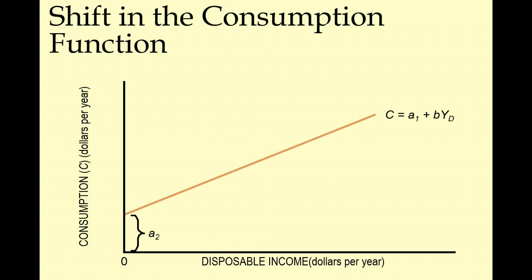Here's the consumption function. Now remember, this A right here is where the consumption function crosses the vertical axis. This is when income is zero, you're still spending some amount of money.